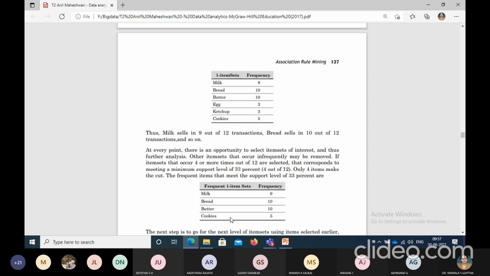The next steps and complete association rule forming, we will complete tomorrow, creating the association rules for the data set based on the given problem statement. So I'll be stopping.